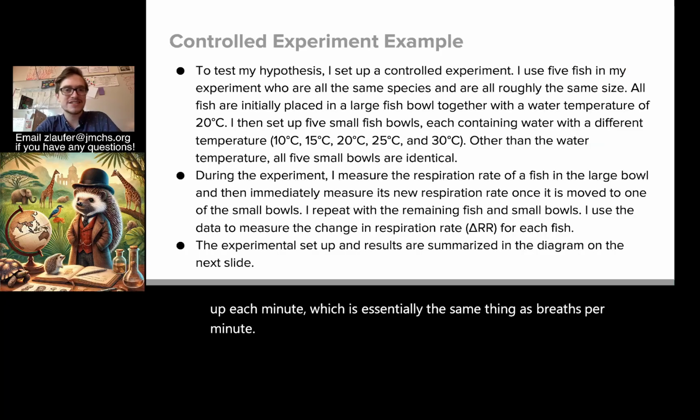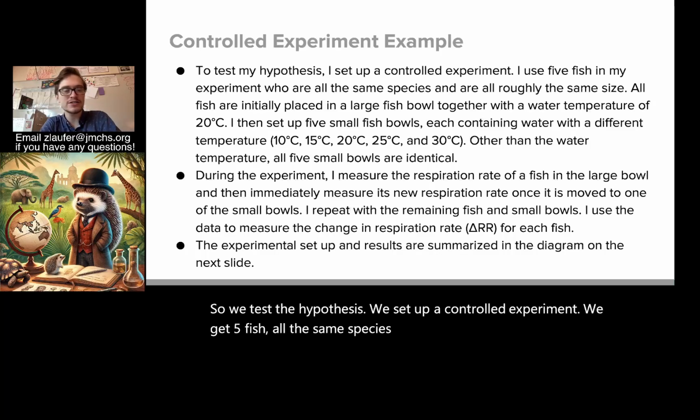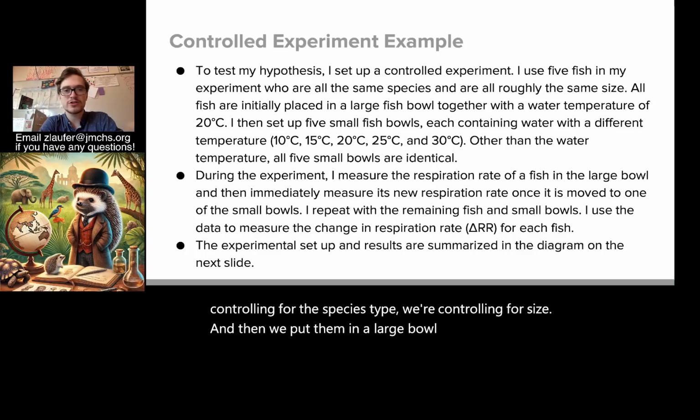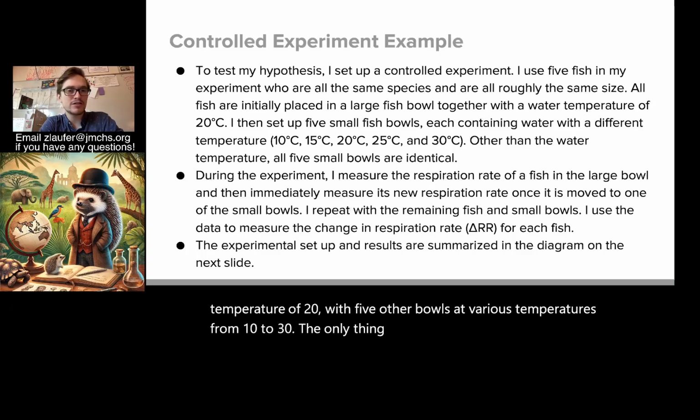So to test the hypothesis, we set up a controlled experiment. We get 5 fish, all the same species, all roughly the same size, so we're controlling for the species type and we're controlling for size. We put them in a large bowl together with a water temperature of 20, with 5 other bowls at various temperatures from 10 to 30. The only thing that's different about the 5 bowls is the temperature of water.